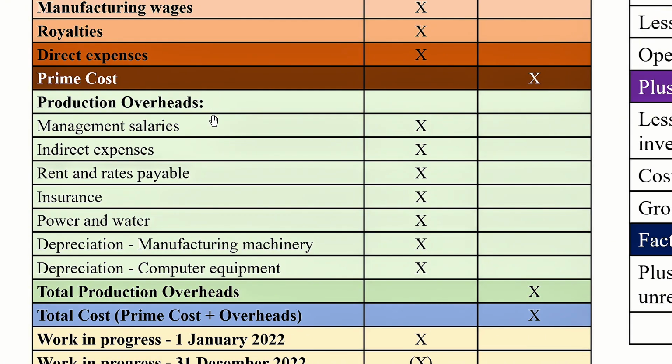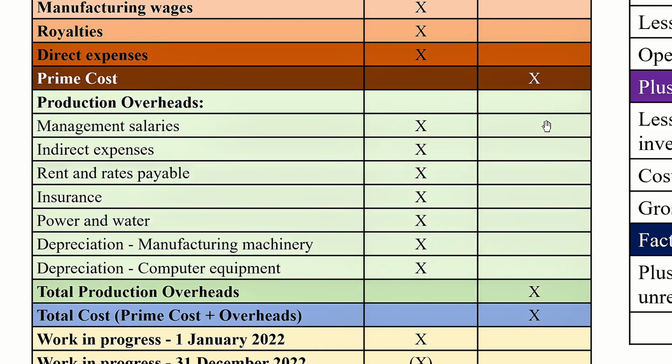As you can see here, there are few examples: management salaries, indirect expenses, rent and rate payable, insurance, power and water, depreciation of machinery, manufacturing machinery, depreciation of any computer equipment used under manufacturing. These all values should be added. Thereby, you find total production overhead.